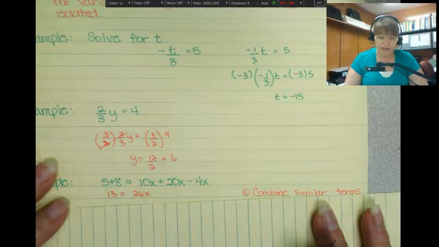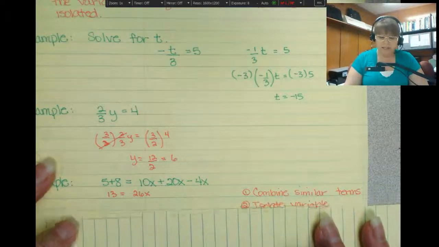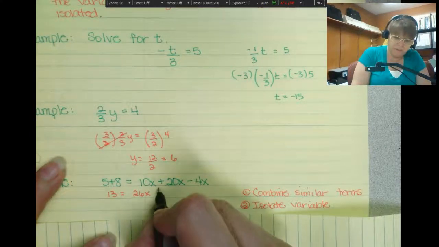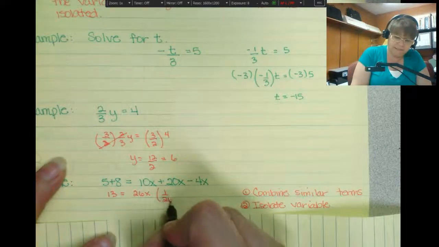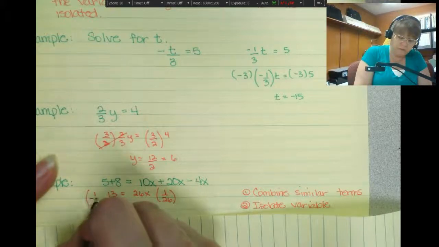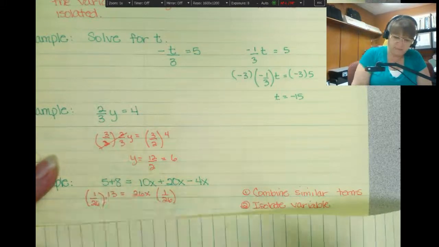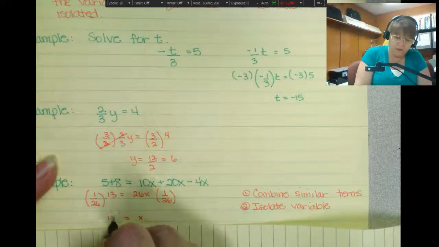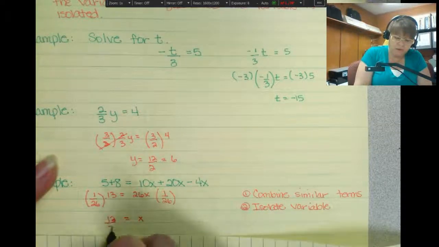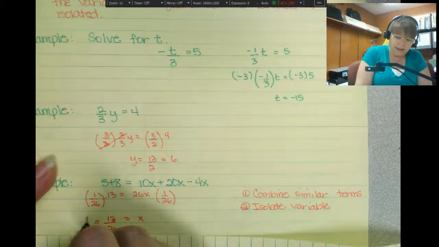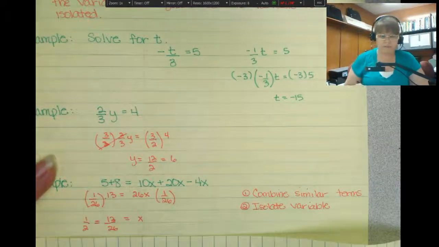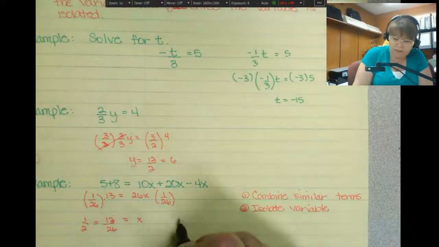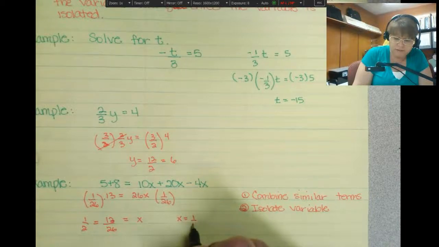Okay. Now I can isolate the variable. So I'm going to multiply both sides by 1 over 26, leaving me with x equals 13 over 26, in other words, 1/2. Okay. And you can rewrite it from left to right if you want.